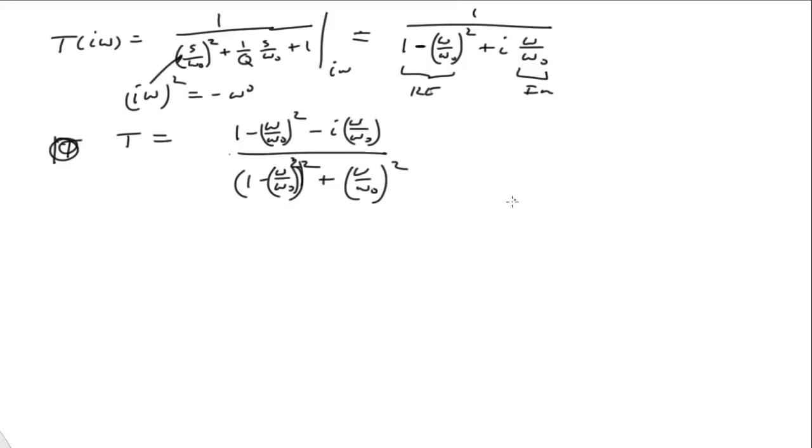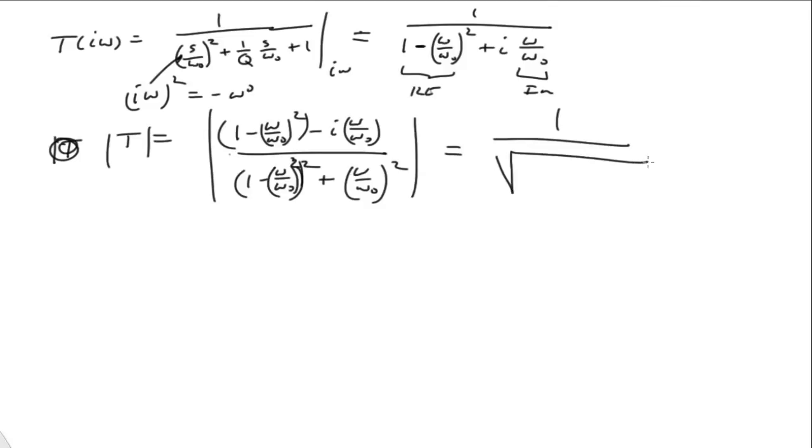There's 2 quantity squares there. All right, and so we see here the magnitude of this thing, once we take the complex magnitude, and you can go through the arithmetic, it becomes 1 over root 1 minus omega over omega naught, quantity squared, all that quantity squared, plus omega over omega naught, quantity squared.